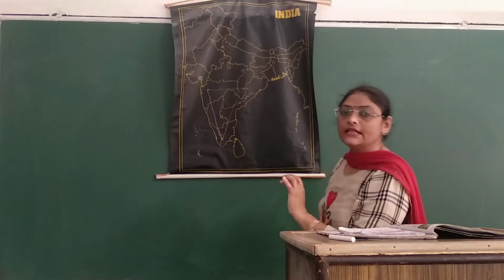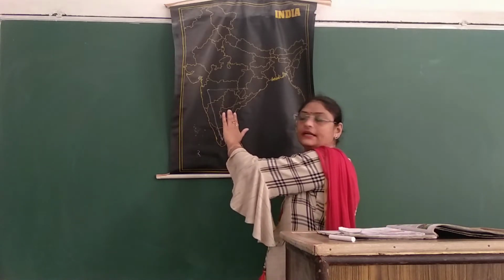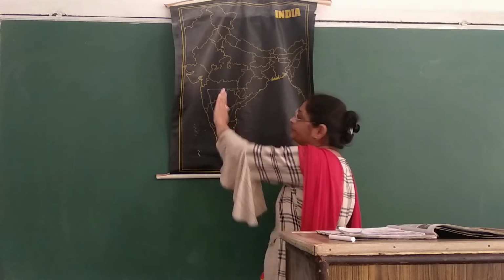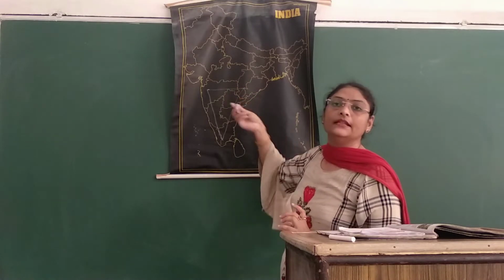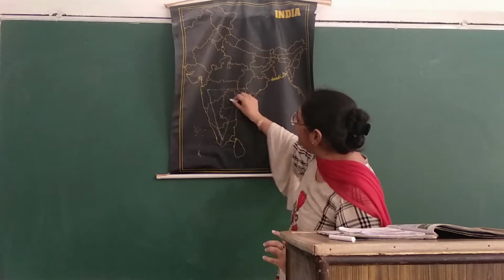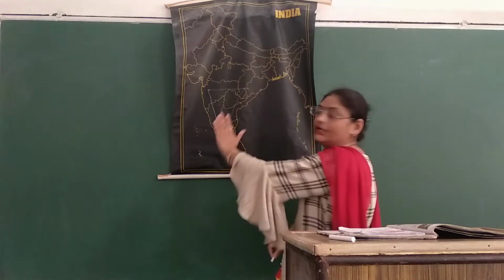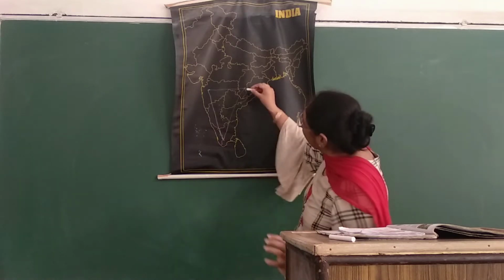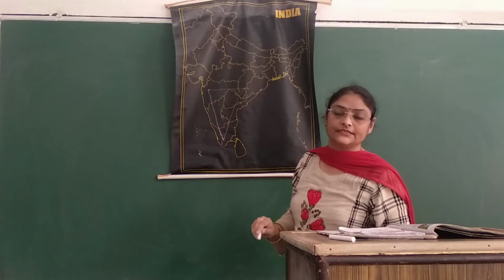It means the slope of Deccan Plateau is toward east. In this way, the main rivers of the Deccan Plateau, the Mahanadi, Krishna, Kaveri, all these main rivers drain into the Bay of Bengal. That's why the Eastern Ghat is dissected by rivers.